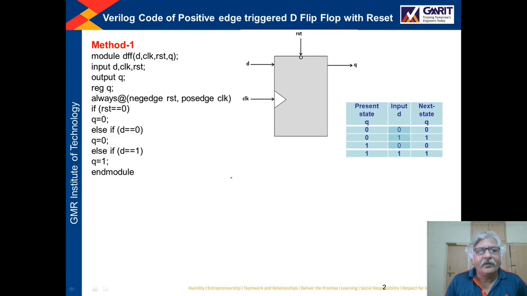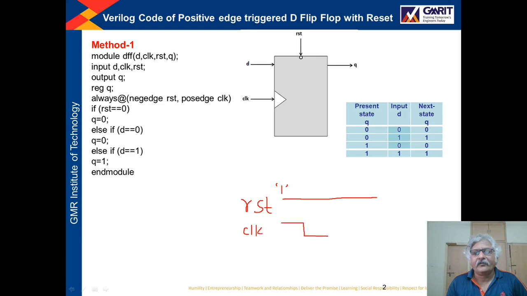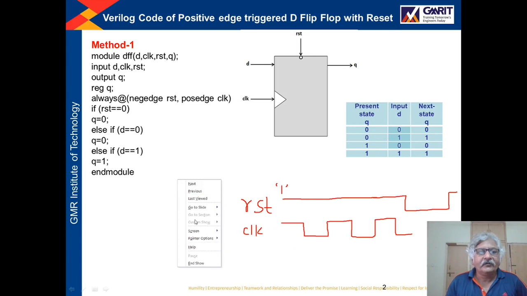Now let us assume RST is 1. Let us assume RST is continuously 1, and this is the clock. We have applied some clock like this. And here RST is 0, like this. Again it is 1. Okay, I will draw this side.